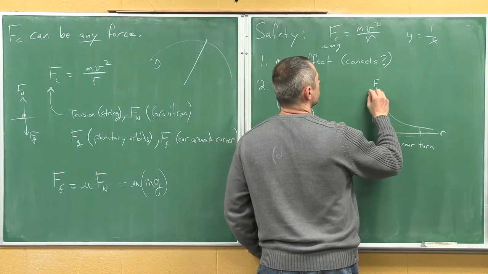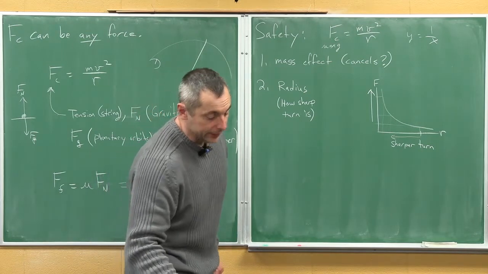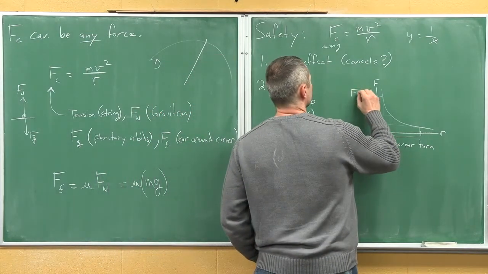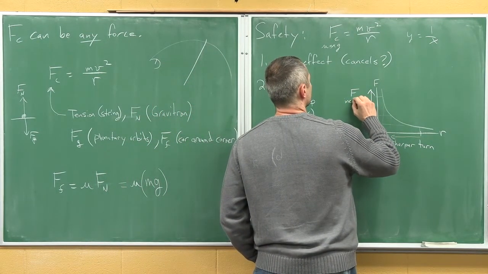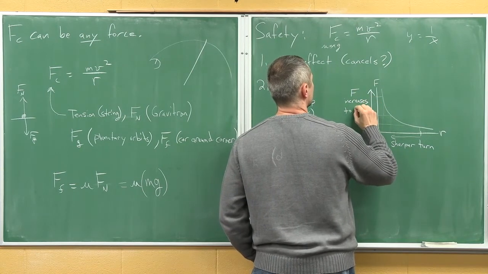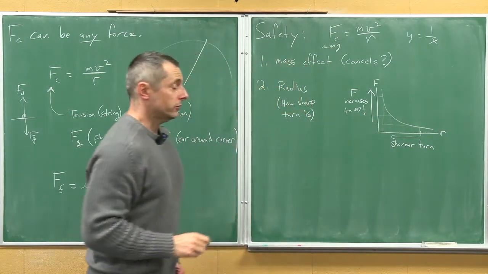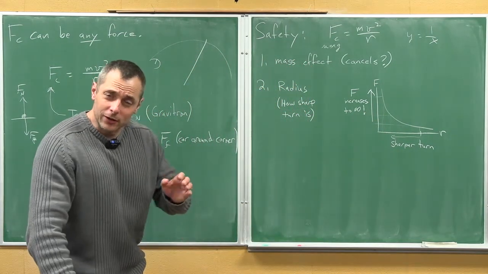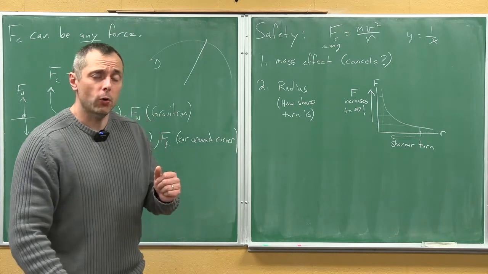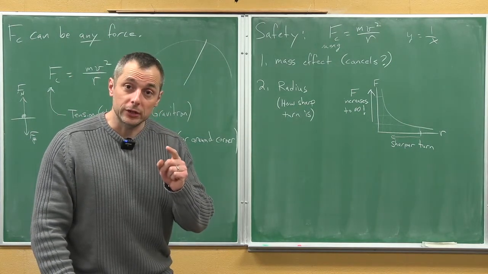So the force required increases to infinity. As the radius gets tighter and tighter, the force required to go around that corner goes to infinity.